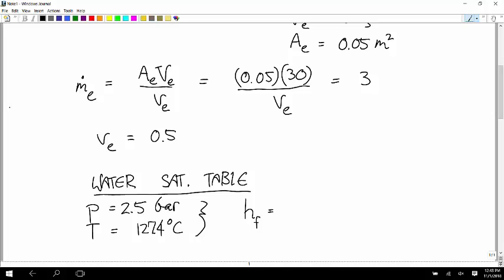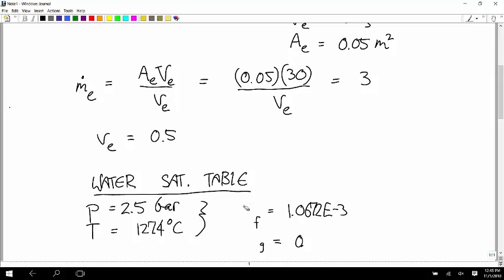Those two together give you a specific enthalpy for the liquid that's equal to 1.0672, times 10 to the minus third. And the specific enthalpy for the gas is... No, we're not looking for enthalpy, sorry.